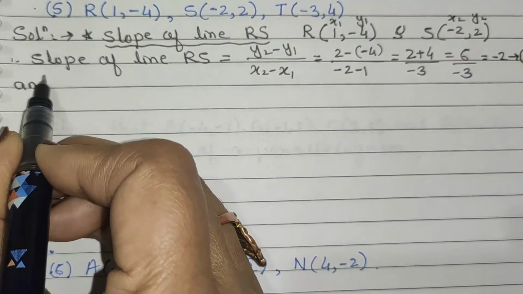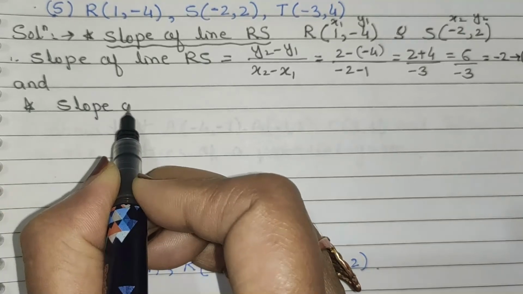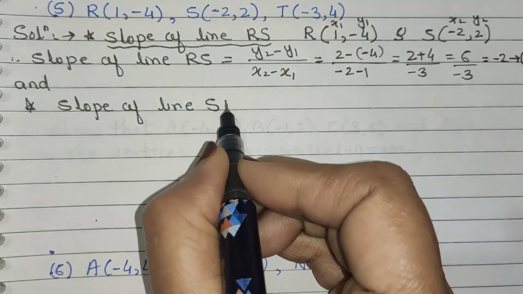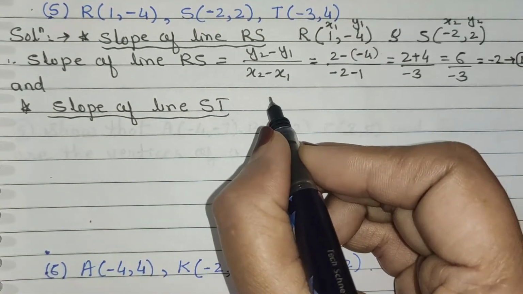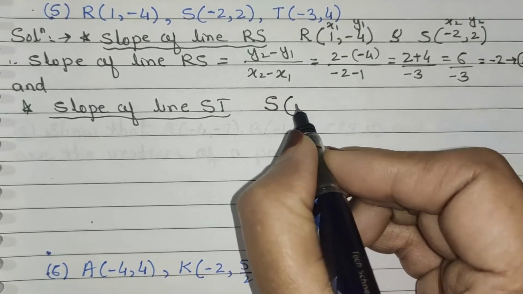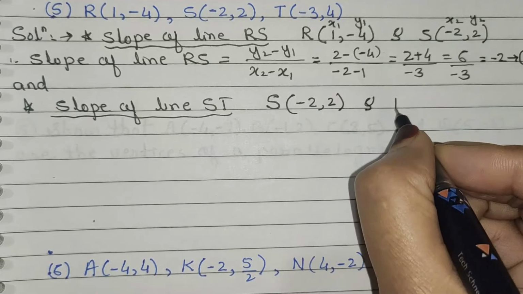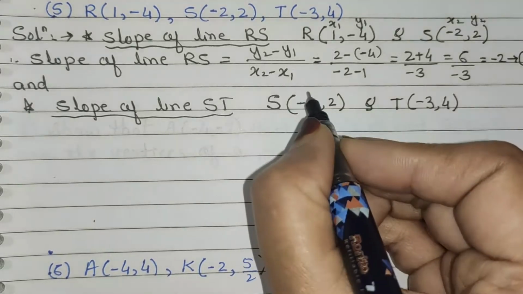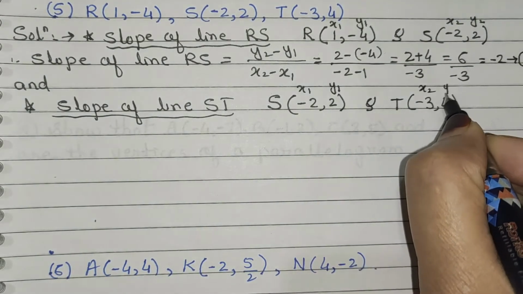And next, for slope of line ST. Now for slope of line ST, write down the coordinates of point S are -2, 2 and the coordinates of point T are -3 and 4. Let us consider the coordinates are x1, y1 and here x2, y2.